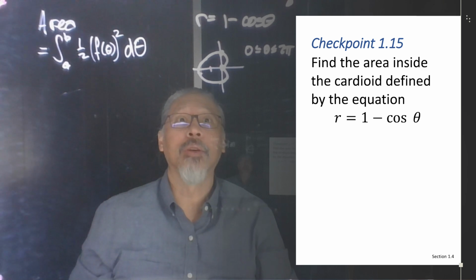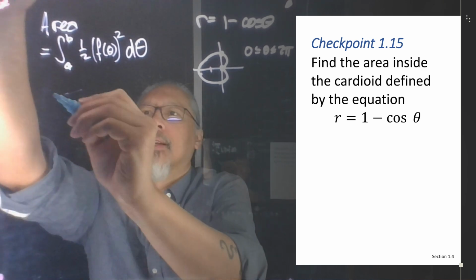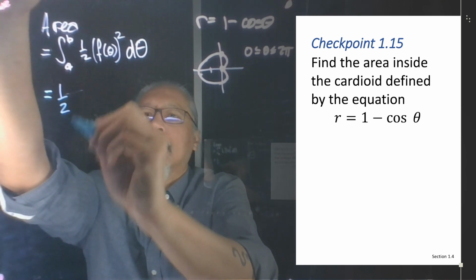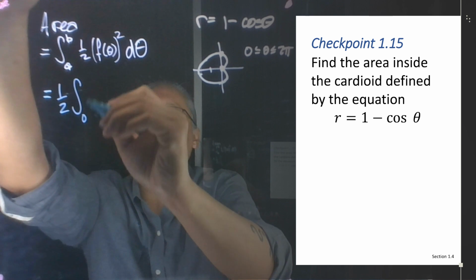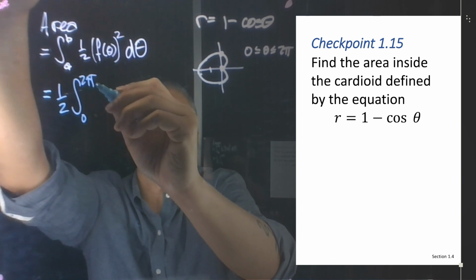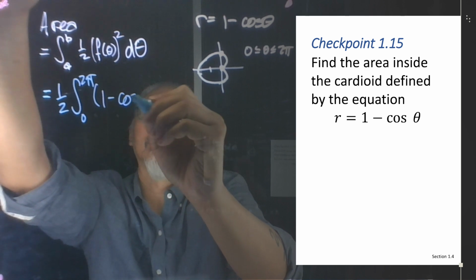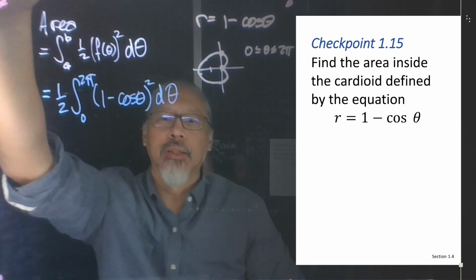So it looks like we're going to simply put that in. Let's take the 1/2 out for now, and let's put the integral from 0 to 2 pi of the function 1 minus cosine theta squared d theta.